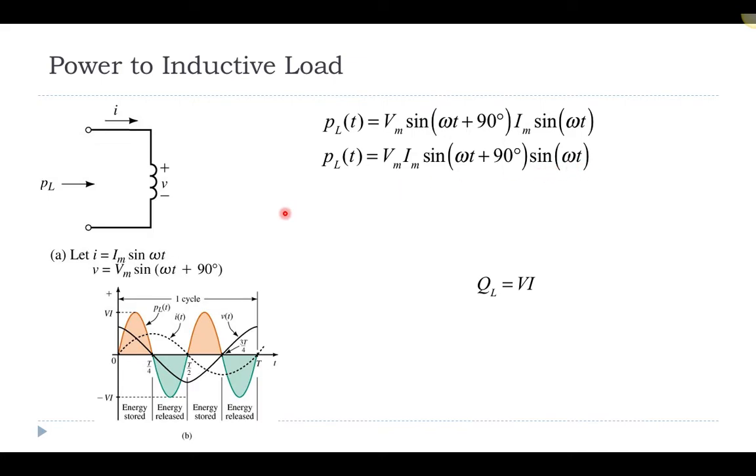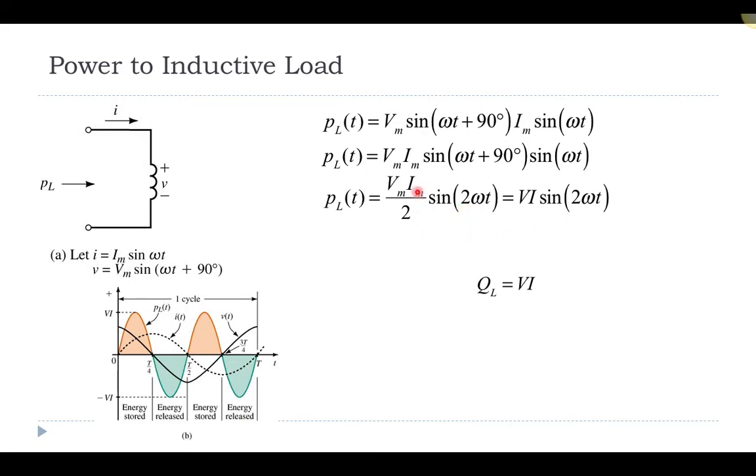I can use one of my trig identities, and I can write down sine omega t plus 90 times sine omega t is just equal to 1/2 of sine of twice the angle. So sine omega t plus 90 times sine omega t in terms of the trig identities is 1/2 sine of 2 omega t.